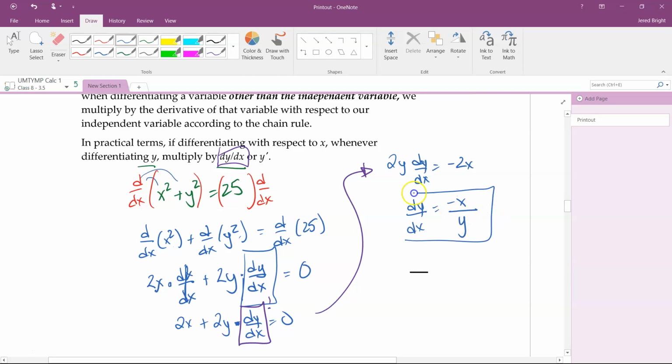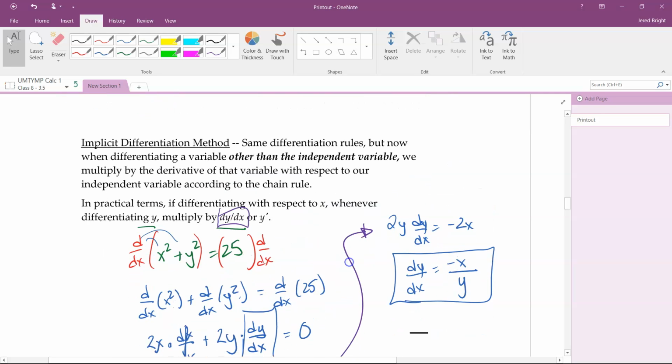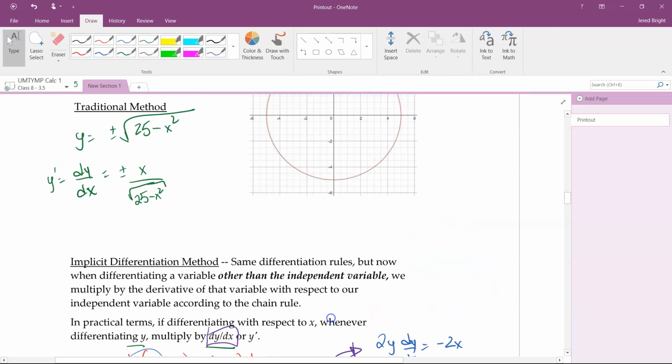Now, if we take a look at this, is this the same thing as what we got above? So I got negative x over y. Here I got negative x over the square root of 25 minus x squared. It actually is the same, because y is the same as the square root of all that.